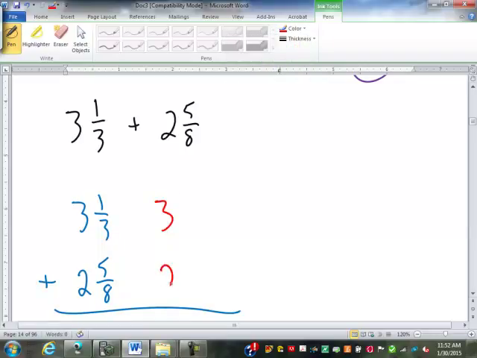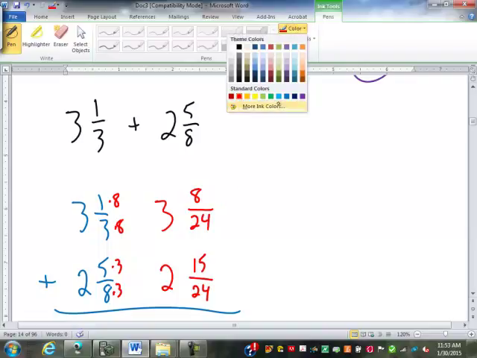The 3 and the 2 won't change. Between the 3 and the 8, my common denominator will be 24. So I'm going to rename the 3 times 8 is 24. 1 times 8 is 8. Down here, 8 times 3 to get 24, so 5 times 3 is 15. And I'm going to add.